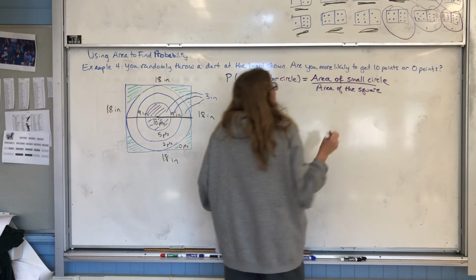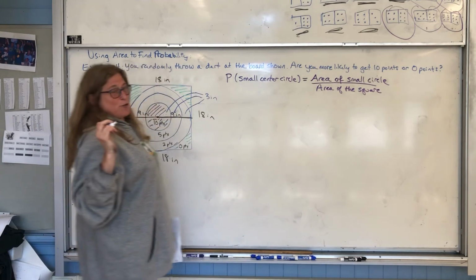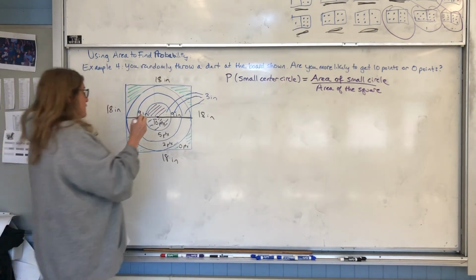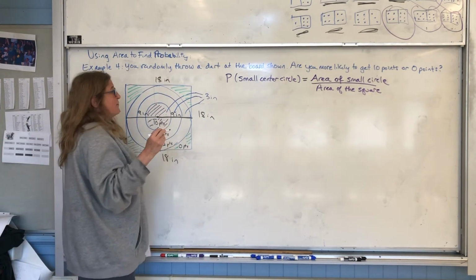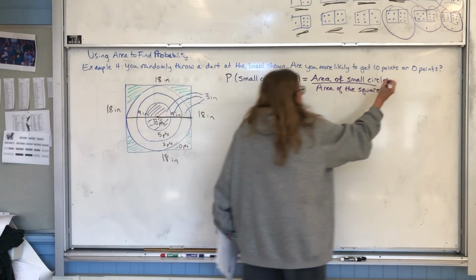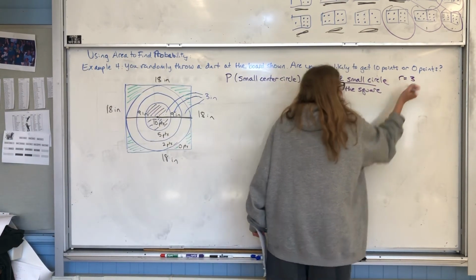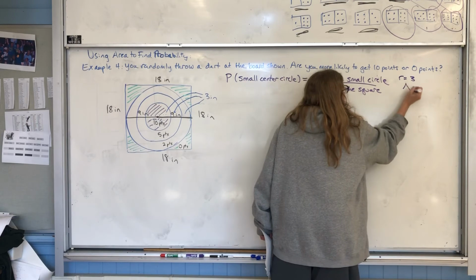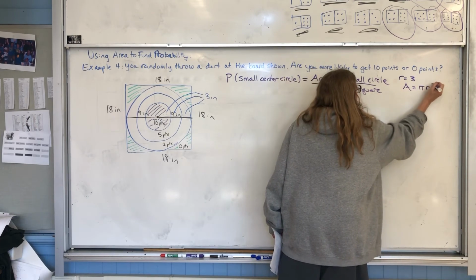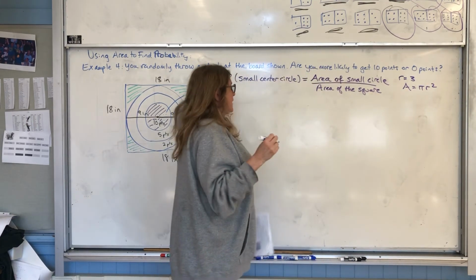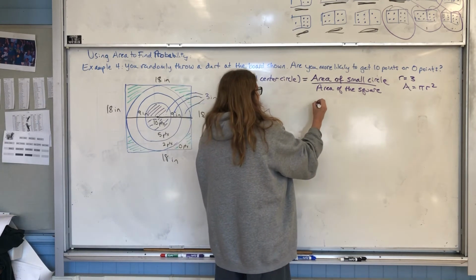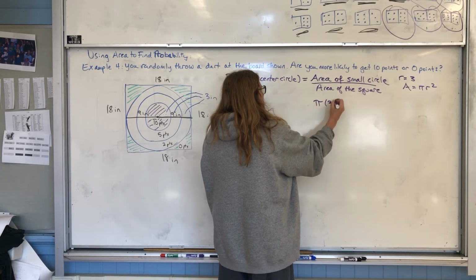Now we've got to remember our geometry. We know that the small circle has a radius of 3, and the area of a circle is equal to pi r squared. So the area of the circle is going to be pi times 3 squared.